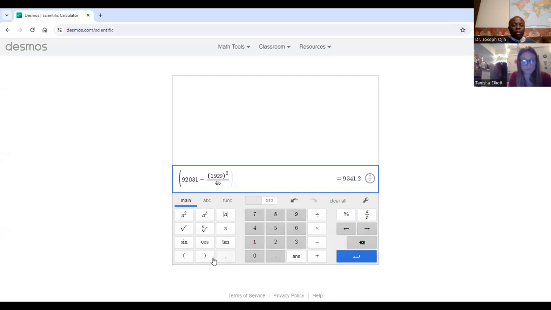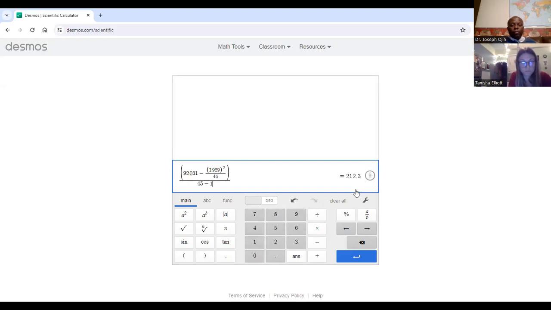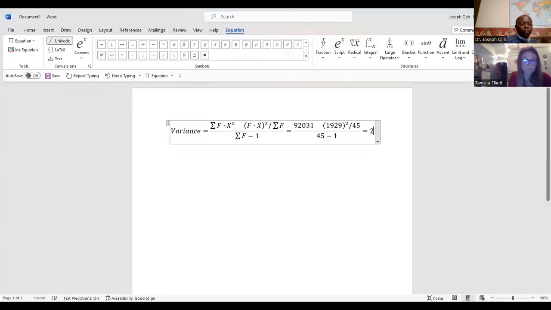Be sure to close the parentheses so that it follows the order of operations. Divided by 45 minus 1. That gives 212.3. So we go here and put 212.3.